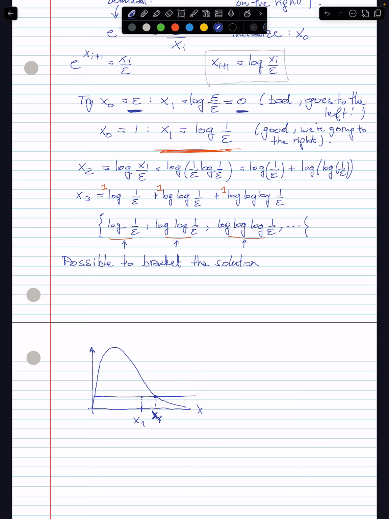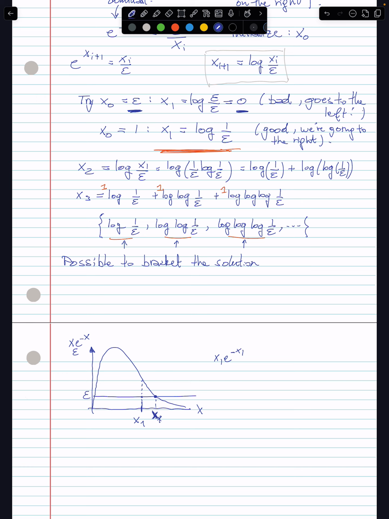I just plot both x exponential of minus x and epsilon over here. And just to observe that x1 is on the left, let's compute x1 exponential of minus x1. If this is larger than epsilon, it means that x1 is on the left. If this is smaller than epsilon, it means that x1 is on the right.